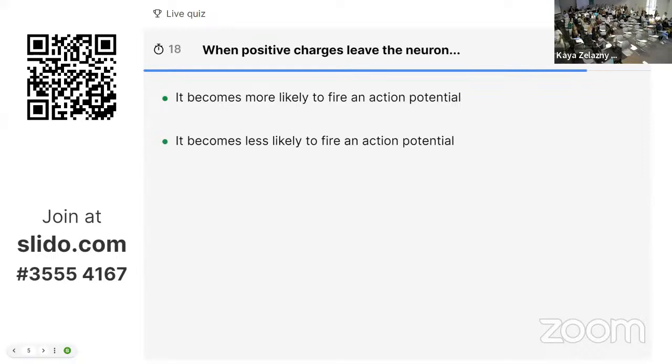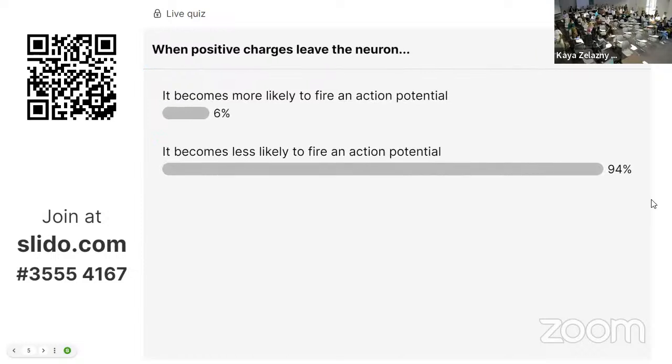We can do the reverse too. So positive charges are leaving the neuron. If positive charges leave the neuron, like potassium, this means that we are getting farther away from our threshold value.